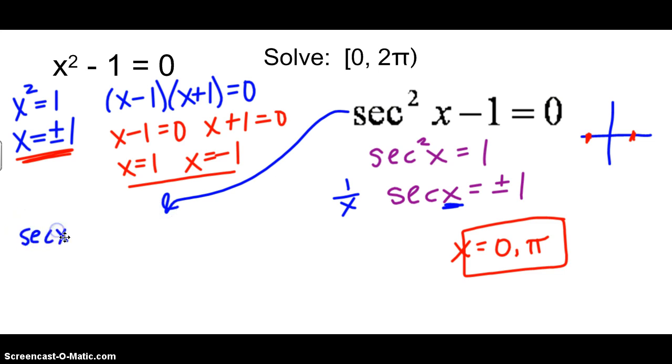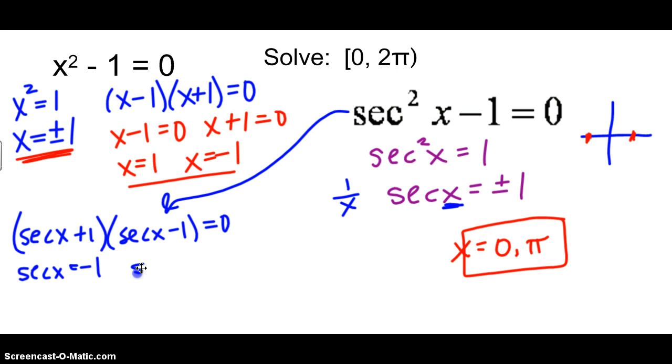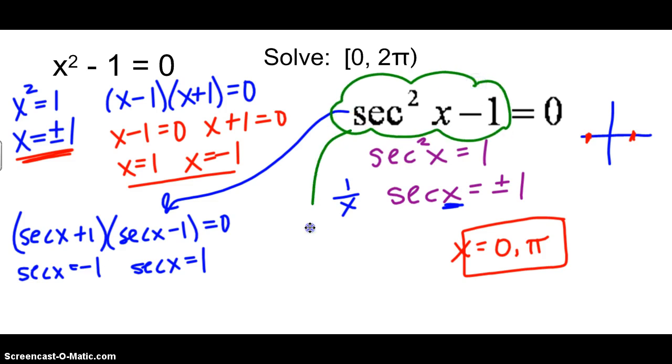Factor this, secant of x plus 1, secant of x minus 1 equals 0. That means secant of x equals negative 1, and secant of x equals 1. You'll get the same answers that we got over here. Another option is to recognize secant squared of x minus 1 is the same thing from our identity sheet as tangent squared.